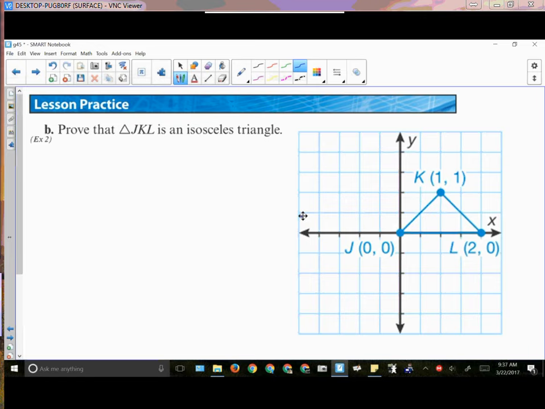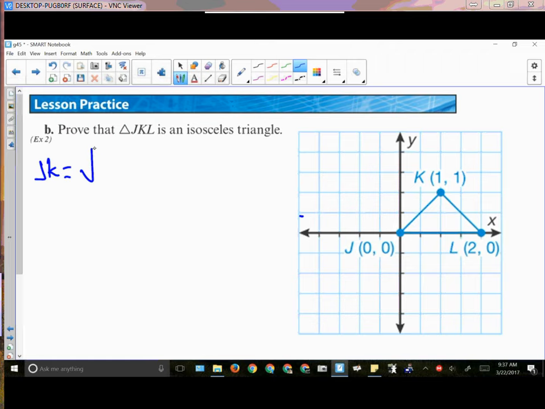That's kind of what we do when we make it into a right triangle. Well, is there a formula that we can use? Distance formula, most definitely.